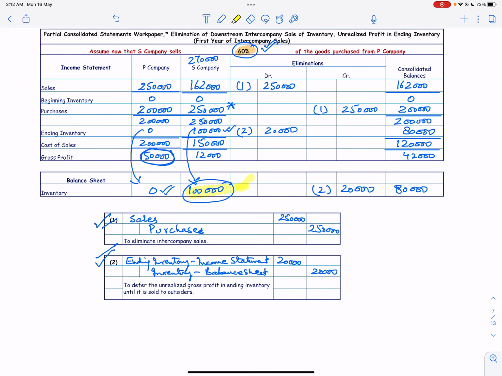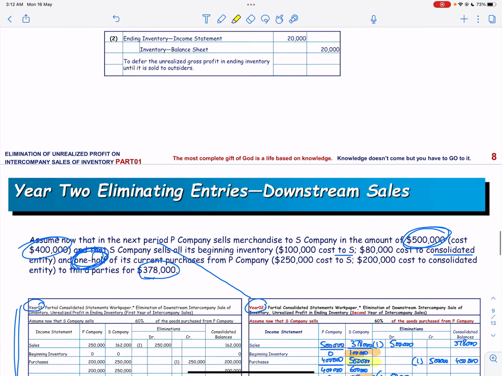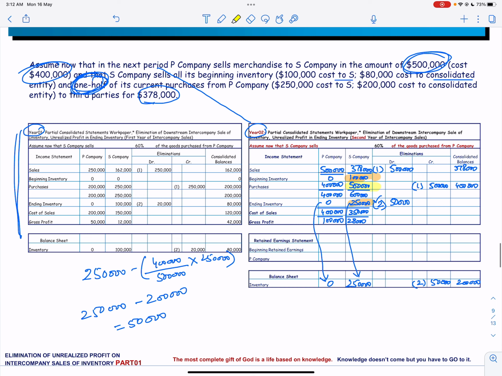That's why S company has recorded the beginning inventory for the second year as 100,000. However, this beginning inventory includes the profit because of intercompany sales, that is 40% of 50,000, so 20,000 needs to be eliminated.